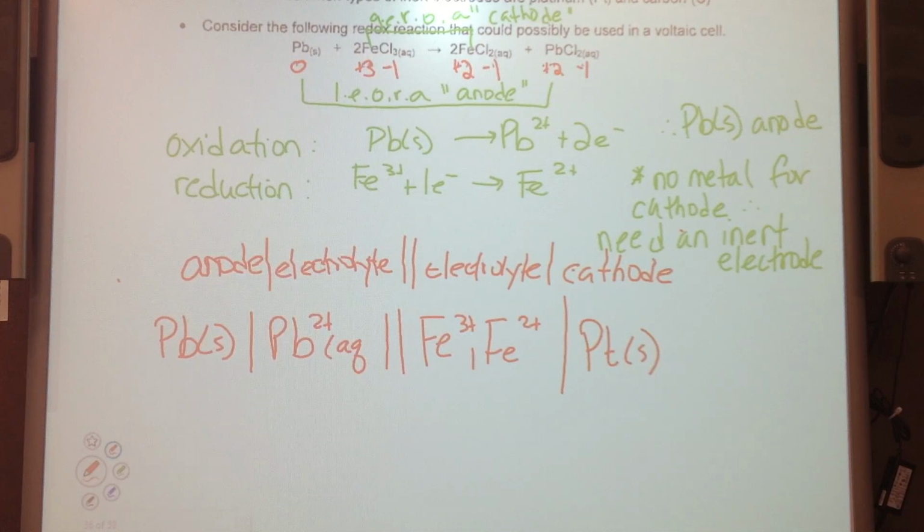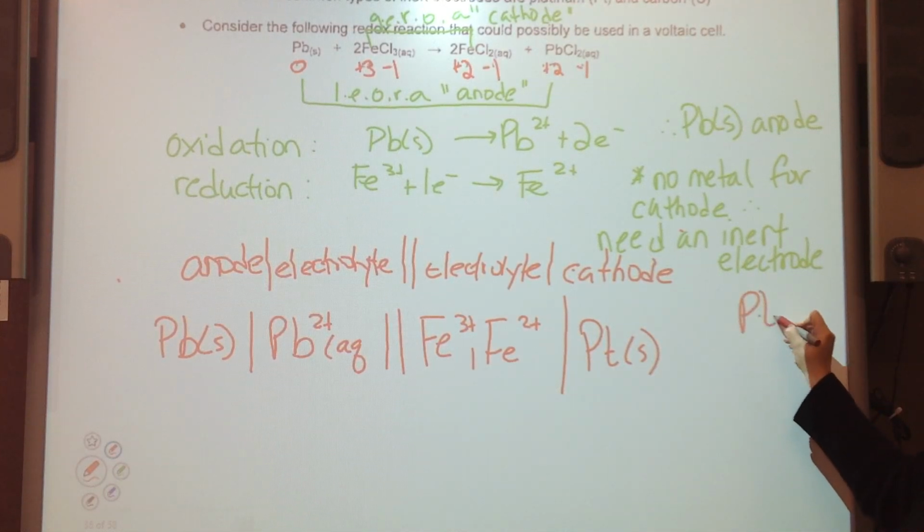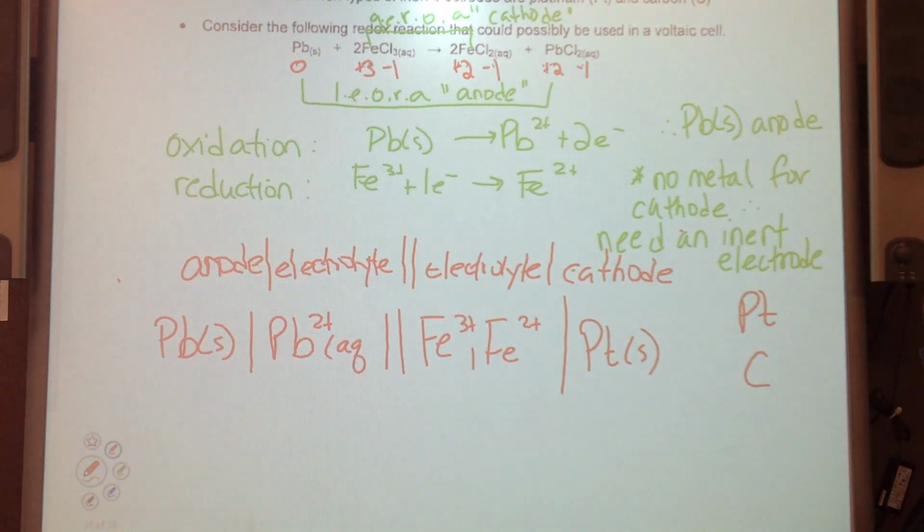For that one, we just throw in any cathode that we think will work. You have 2 to choose from. You have platinum or carbon. It doesn't matter which one we pick. Nope, it's just a stick of carbon goes in there.